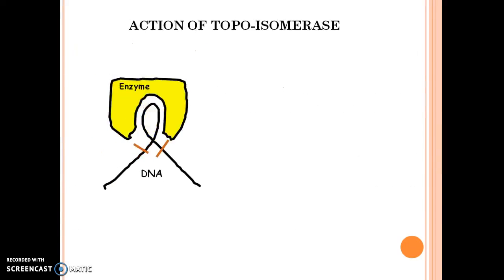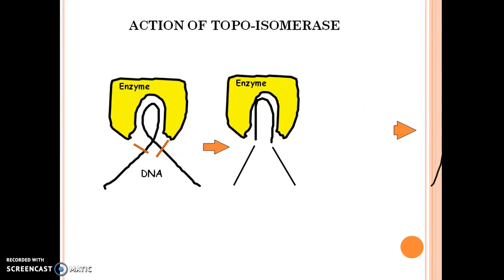Now, like I said earlier, we're going to talk about the action of the topoisomerase. You can see here that this is a supercoiling of the strand. This is the topoisomerase enzyme. It comes to relieve this DNA from this supercoiling. What does it do? It creates a cut on the strand.